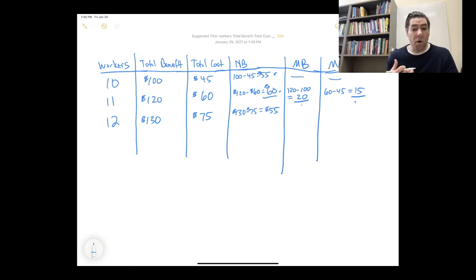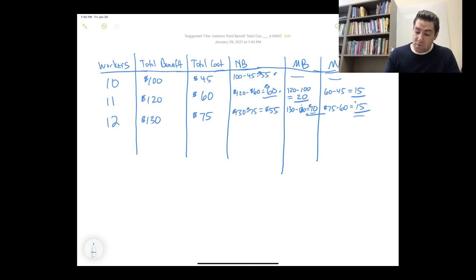Okay, so what about from 11 to 12? What's my marginal benefit? Well, my marginal benefit is the change in total benefit. 130 from 120 is an extra $10. So if I hire the 12th worker, I'll get an extra $10 in benefit. What's the marginal cost? 75 minus 60 is still 15.